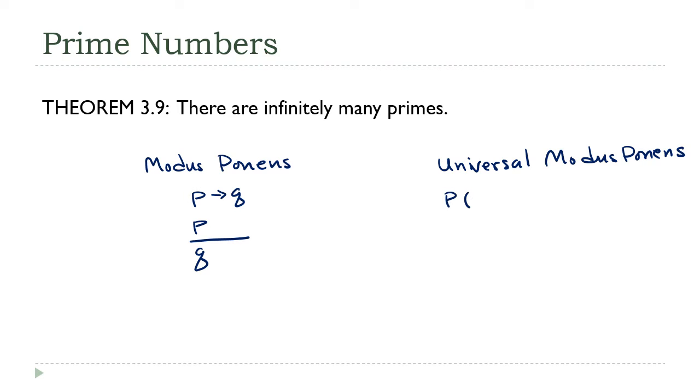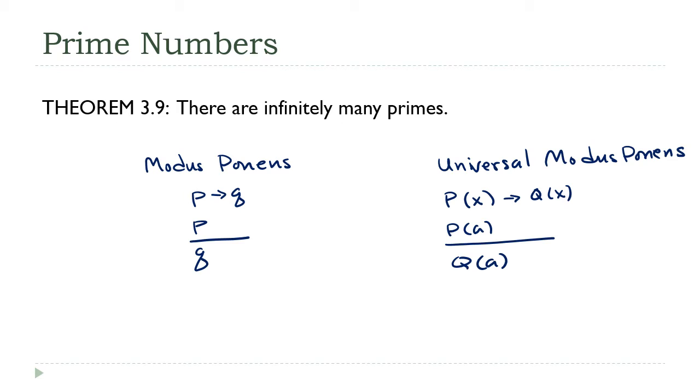Remember, that one is P(x) implies Q(x), P(a), therefore Q(a), for some specific a in the domain. Those are great. Those are the things that we use to do what are called direct proofs. Most of the proofs that you're going to see throughout this class are written using these two rules.